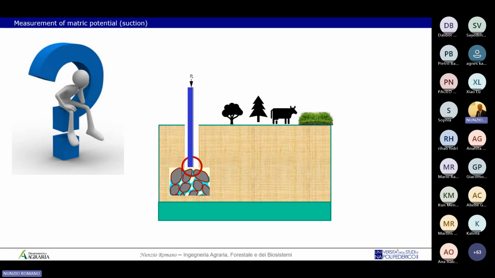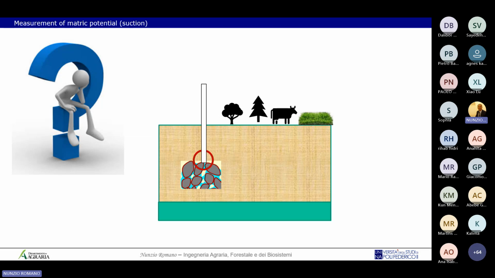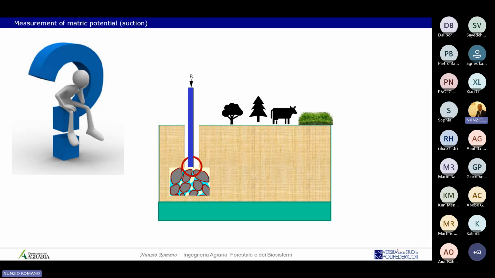Not only this, but at the bottom of the piezometer you have the weight of this column of water.